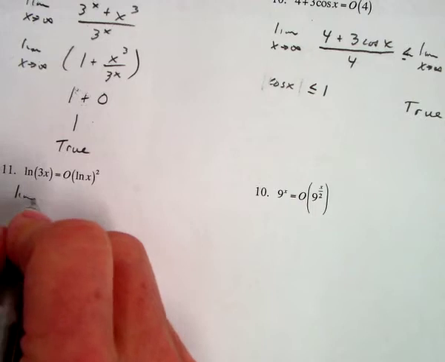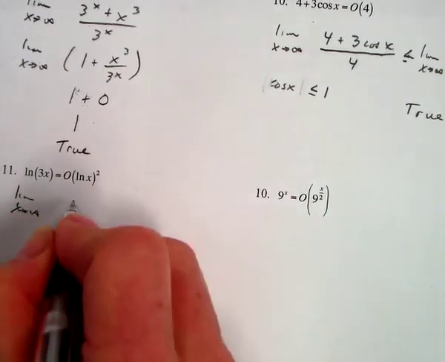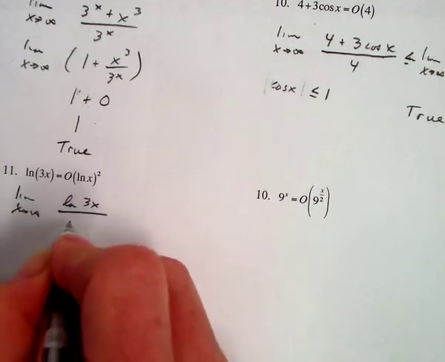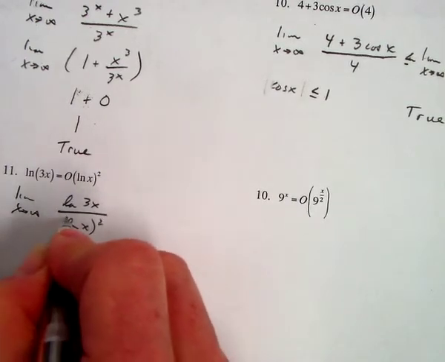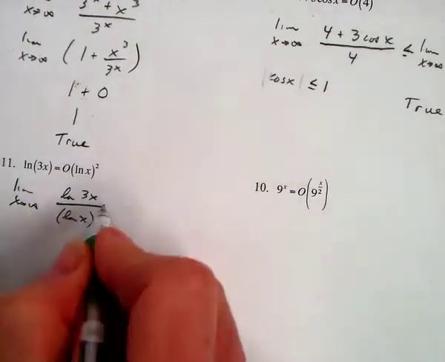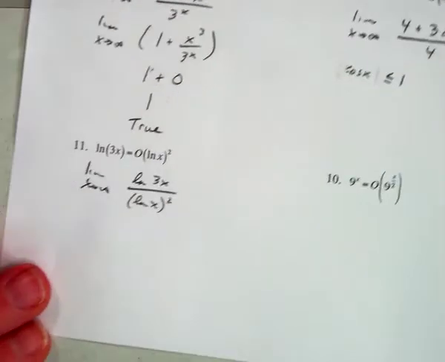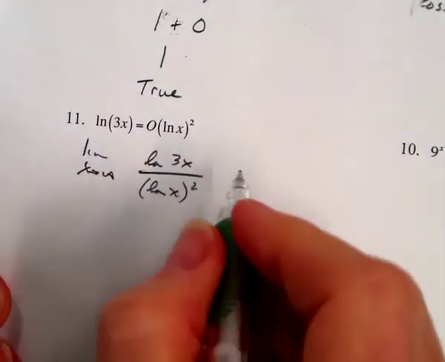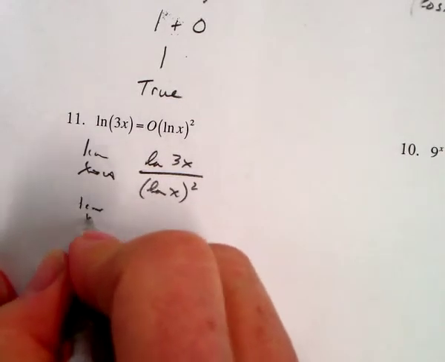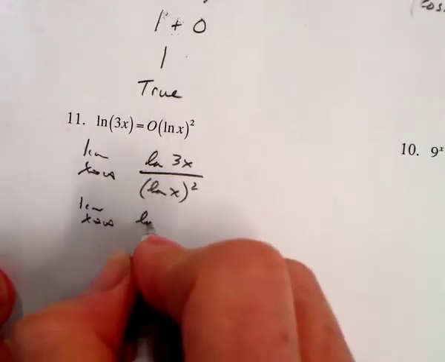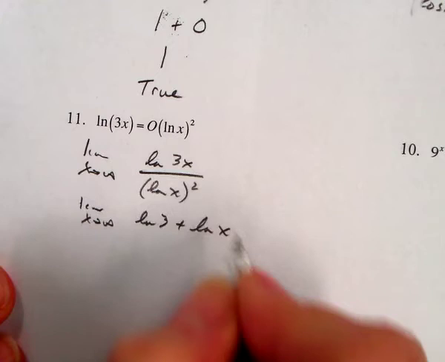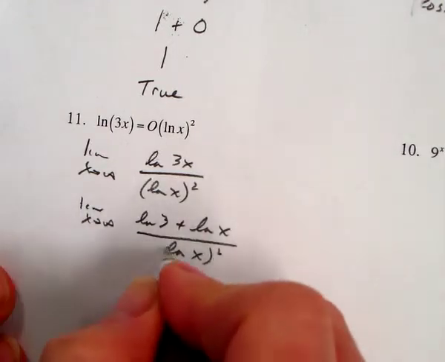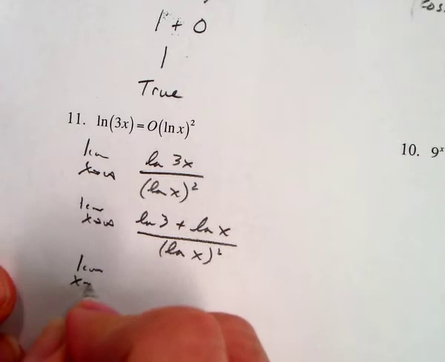The limit as x goes to infinity of ln of 3x divided by the quantity ln of x squared. We can manipulate ln of 3x, and we can say that that's the same thing as ln of 3 plus the ln of x, divided by the ln of x quantity squared.